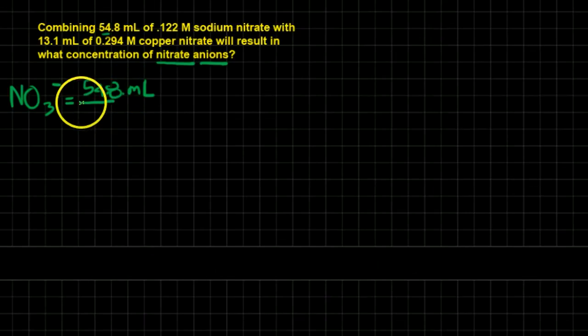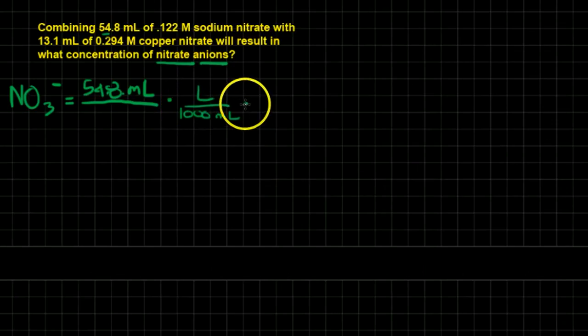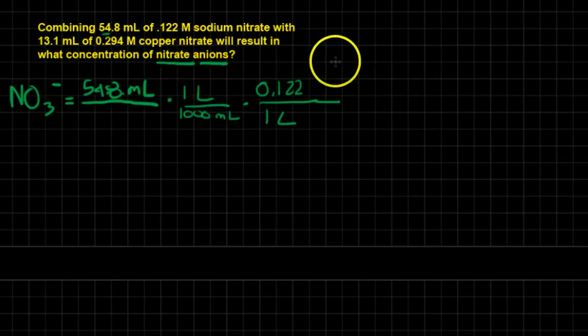It's going to be a little laggy here because I'm uploading the last video I just recorded on the subject, times 1,000 milliliters in a liter, okay, in 1 liter, and 1 liter is going to contain 0.122 moles of sodium nitrate.